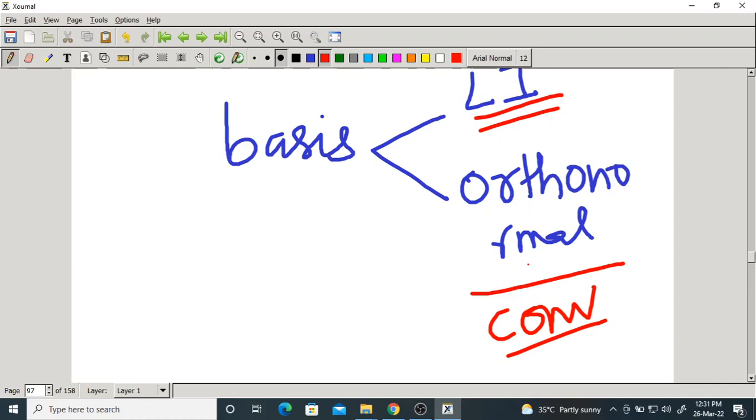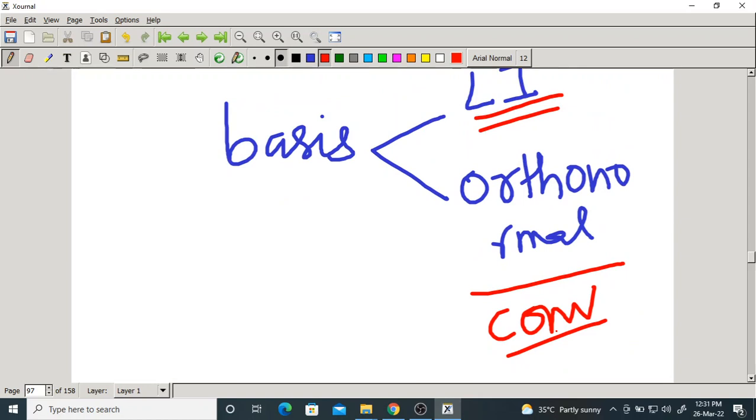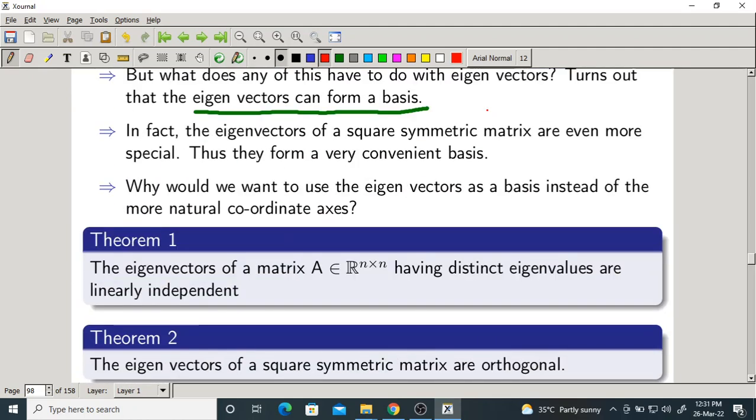Furthermore, if they are orthonormal, by default they are linearly independent. Remember this. The basis function need not be orthonormal, it is only for our convenience. But they have to be compulsorily linearly independent. So now we will use our eigenvectors as basis vectors, which have to be linearly independent.